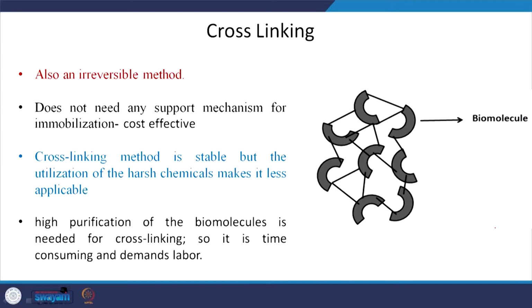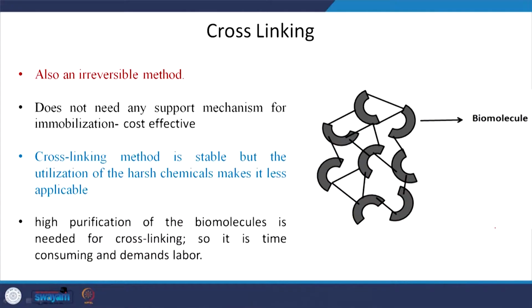The good thing is that you don't need any support mechanism, like you needed a polymer matrix for embedding and entrapment, or a semi permeable membrane for encapsulation. Here we don't need any support mechanism. It's free. All the biomolecules bind to themselves. It's called cross linking. So this is a very stable method, but if you use harsh chemicals, then it is less applicable.